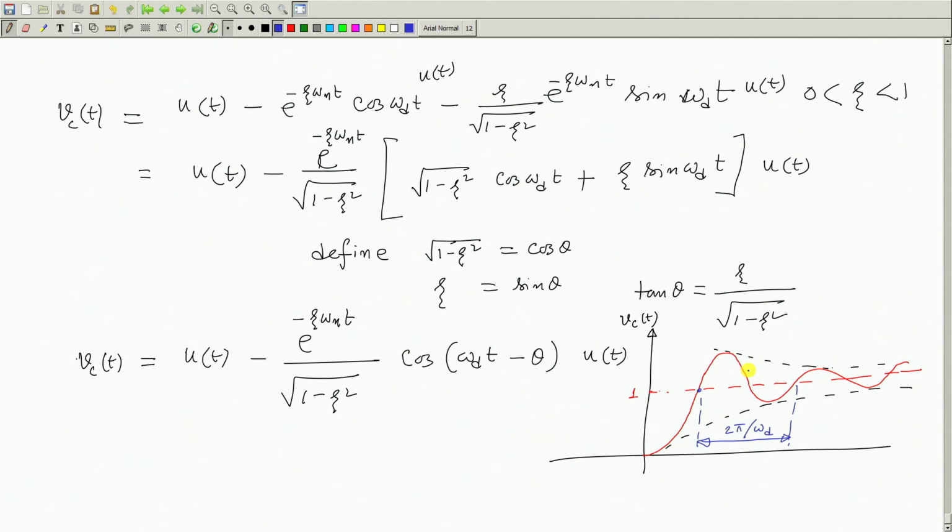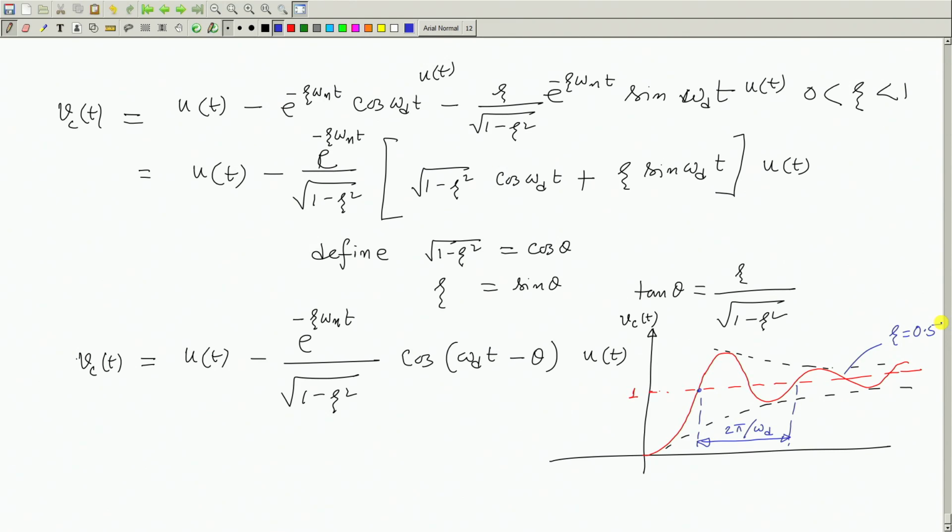It is for a certain value of zeta. Let us arbitrarily say zeta equal to 0.5, it is like this.